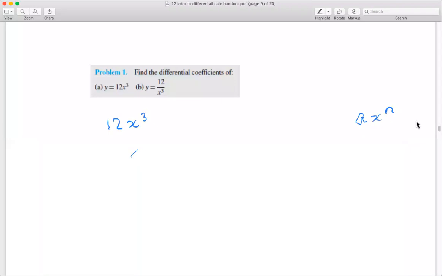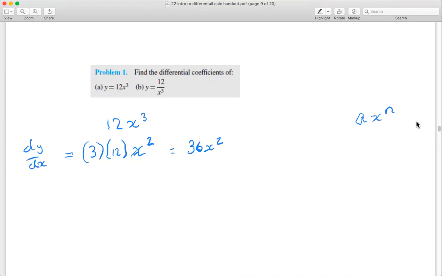So what we do is we bring the 3 down in front, multiply it by the 12, and then take 1 off the index. So this is dy by dx, and that's equal to 3 twelves are 36x squared.